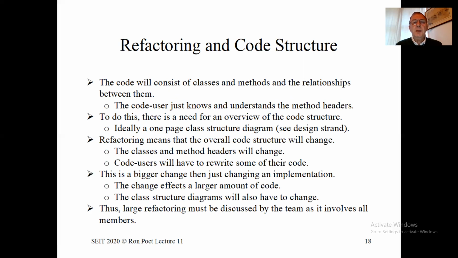So refactoring just means that the overall code structure has got a bit unmanageable as we've added pieces together. And so we'll then rearrange it. So refactoring is just rearranging the code structure diagram. So methods might be moved out of one class and into another class. Hopefully we won't have to change the method headers, but we might have to do that a bit.